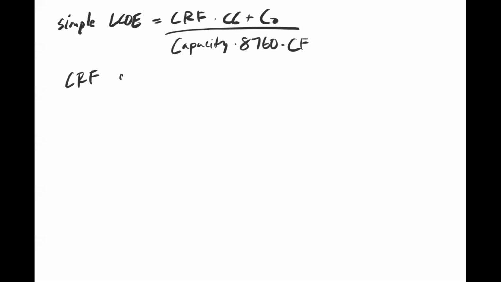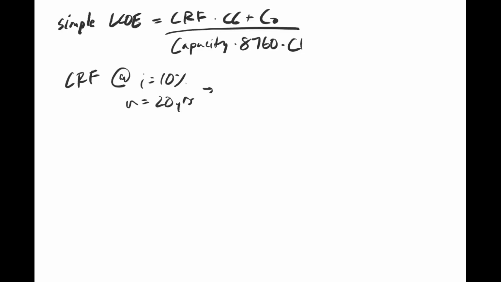The CRF at discount rate of 10%, lifetime of 20 years. Okay, so this, I kind of lied. This is an equation that you would need to memorize or reference. It would be harder to derive.